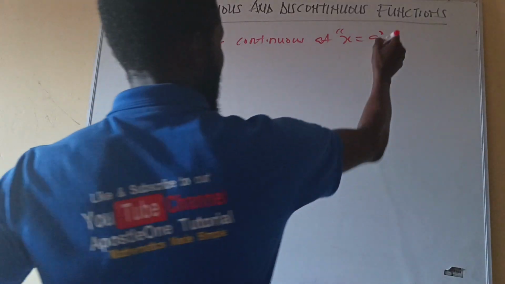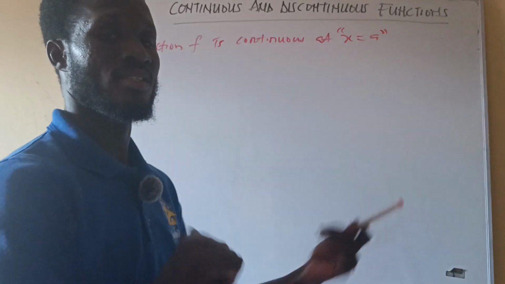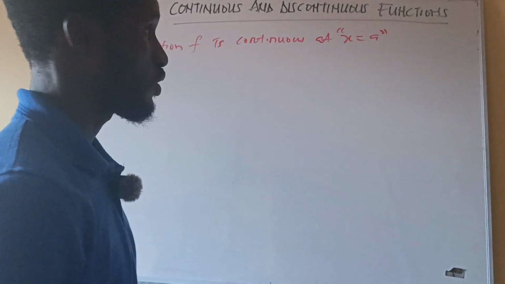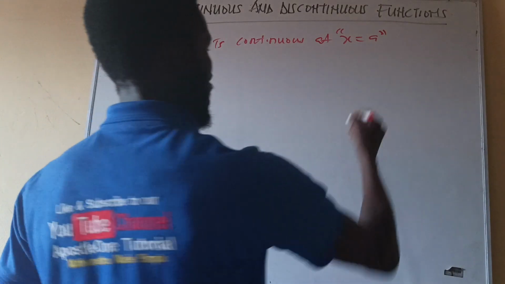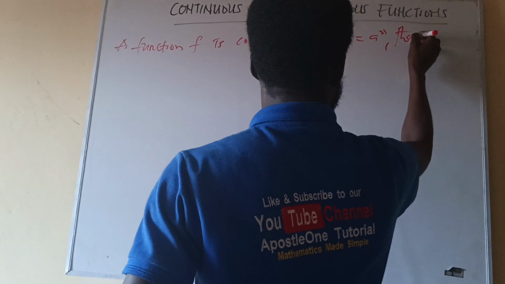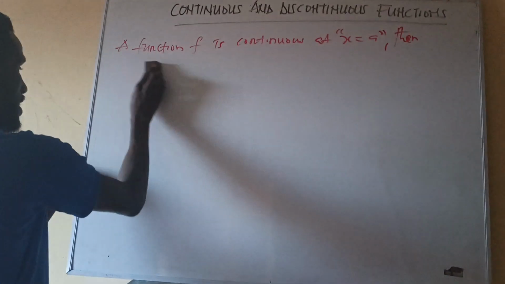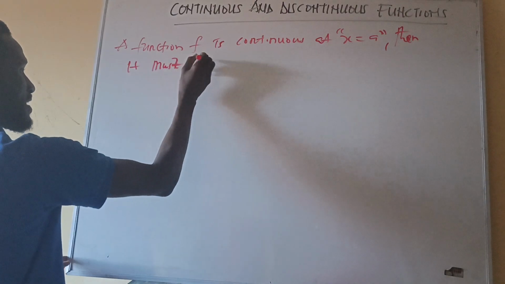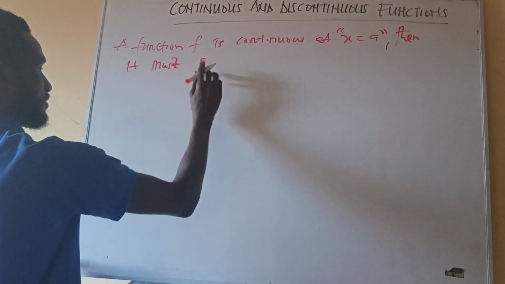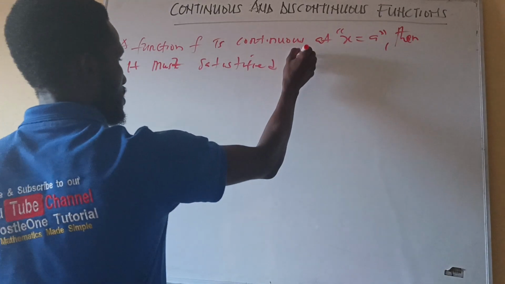Now let's say a function f is continuous at a particular value of x. Don't forget that the function is in terms of x. It's continuous at a particular value of x, that is x is equal to a. Then it must satisfy these conditions.